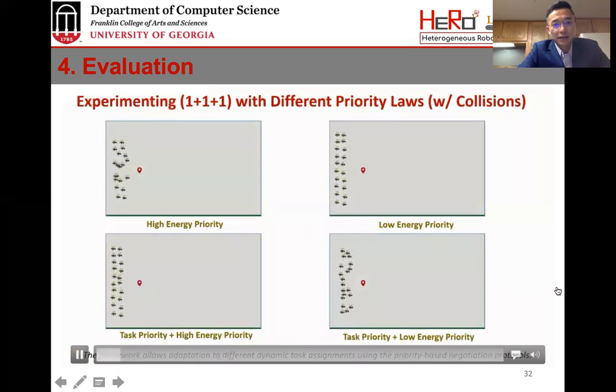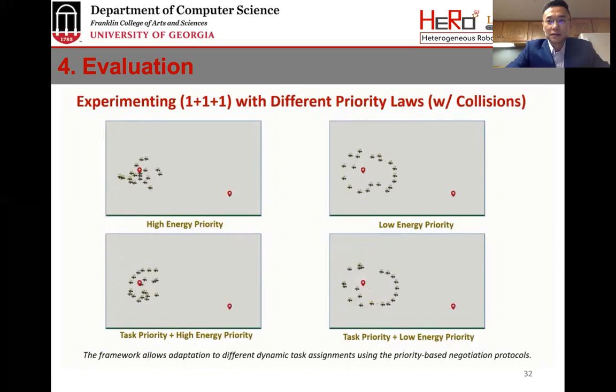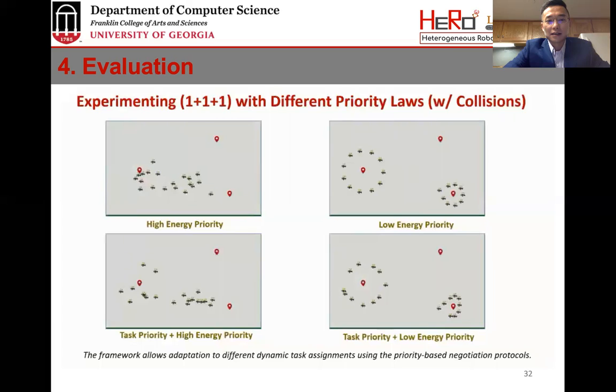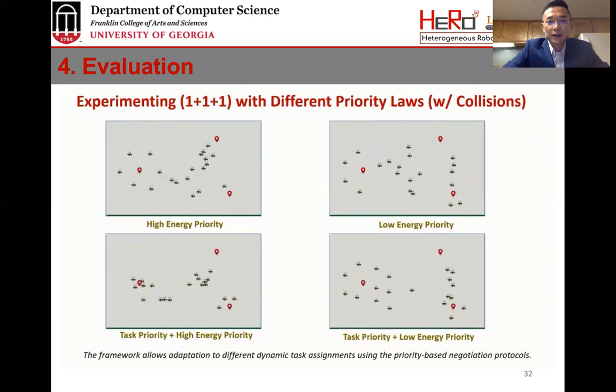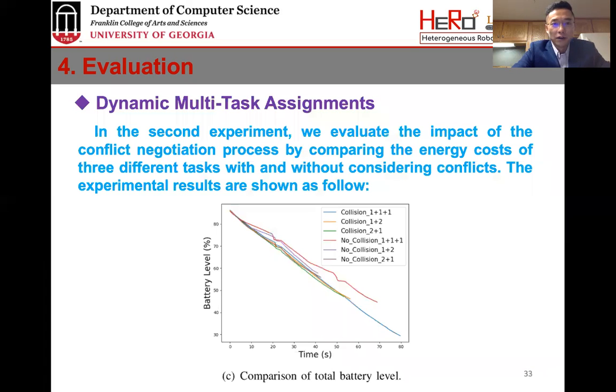And as you can see, the 3 tasks are assigned following some sequence, the tasks are assigned dynamically, and the whole system represents a different kind of behavior based on different priority laws.